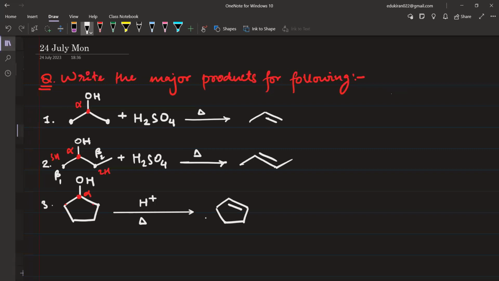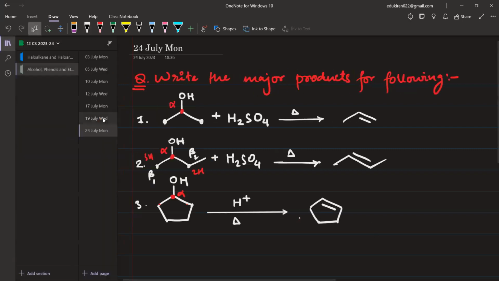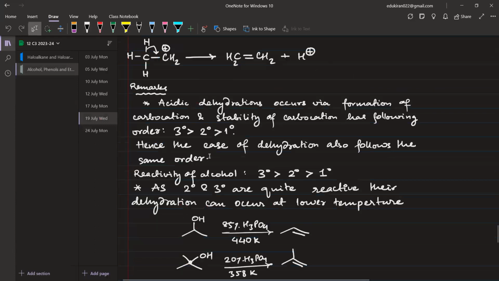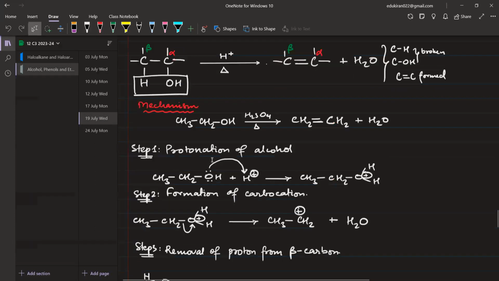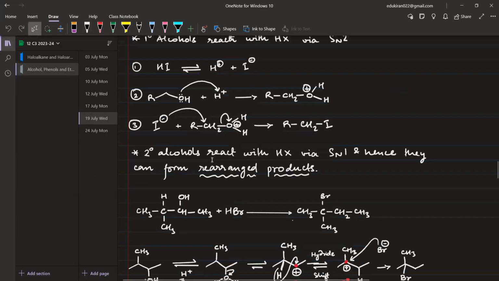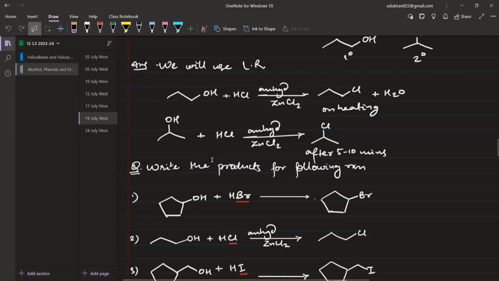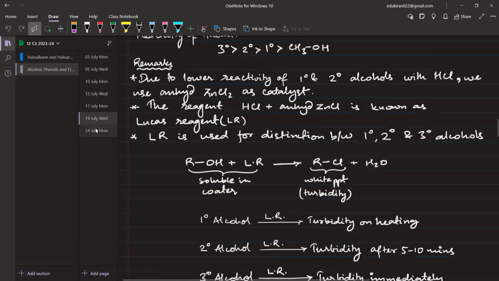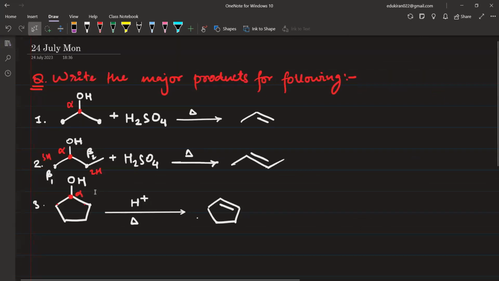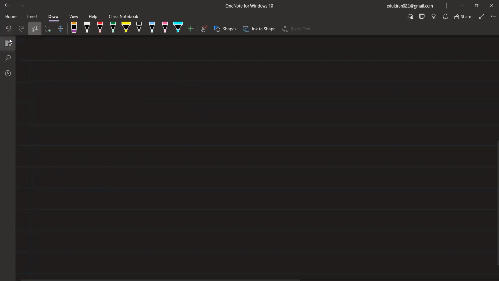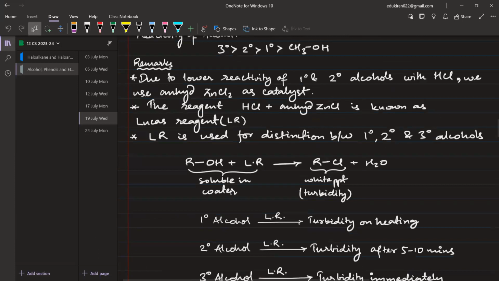Now, wait a second. What we have already seen, we did Lucas reagent and all, no? Acidic dehydration, right? Lucas reagent is also done. I think then we need to do oxidation of alcohols. So this is what number?